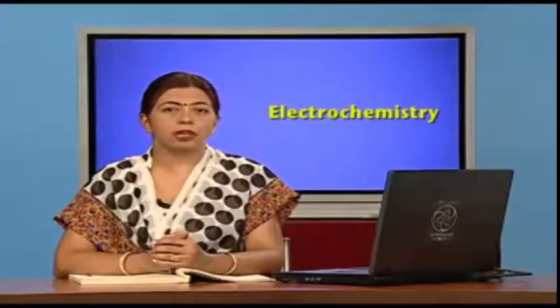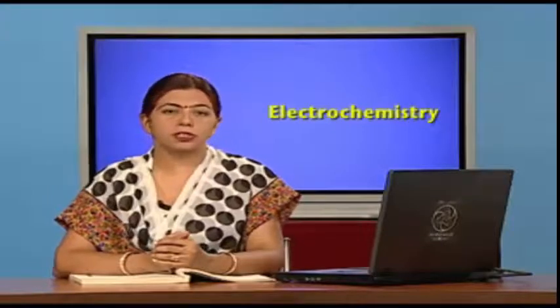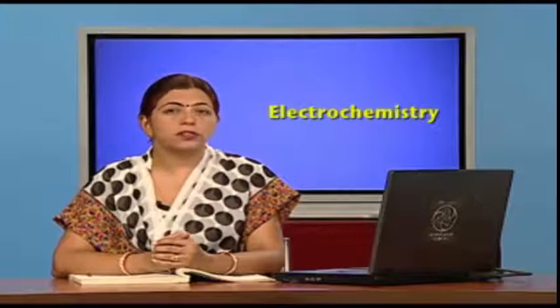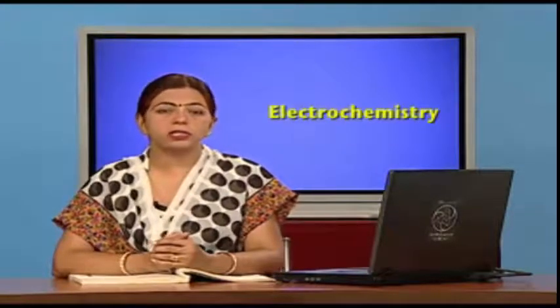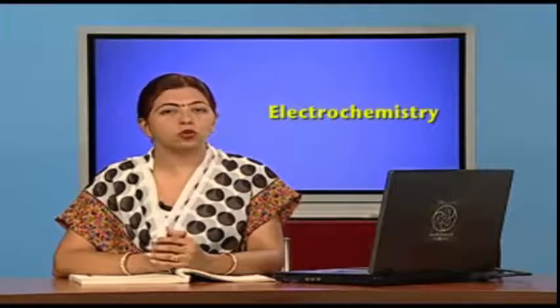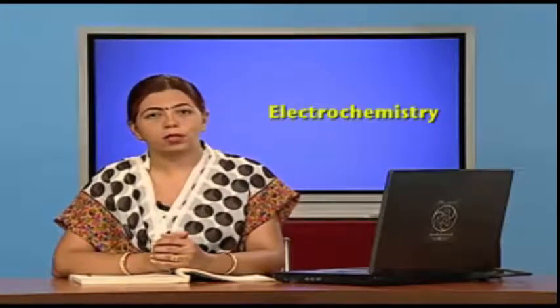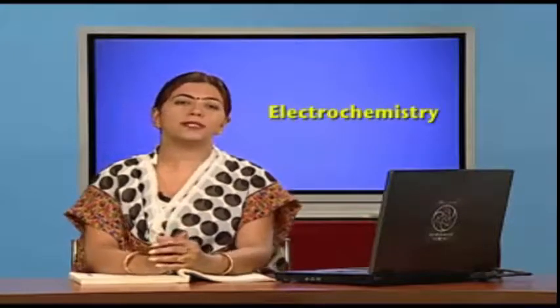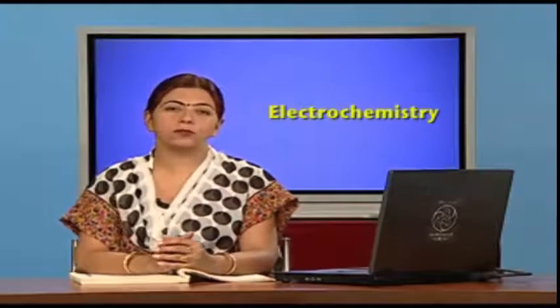Let me again revise what is conductivity. We have already studied in the previous class. Conductivity or specific conductance is the conductance of 1 centimeter cube of the solution. It depends upon the ions which are present in 1 centimeter cube of the solution.